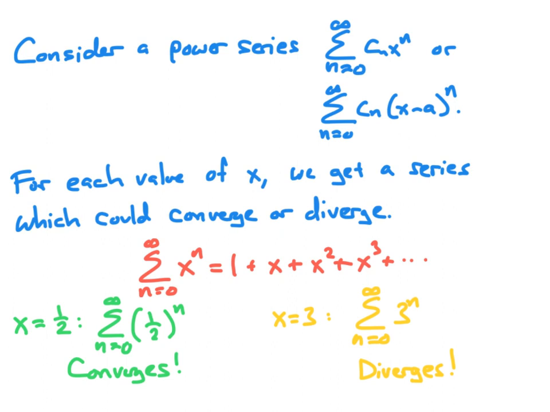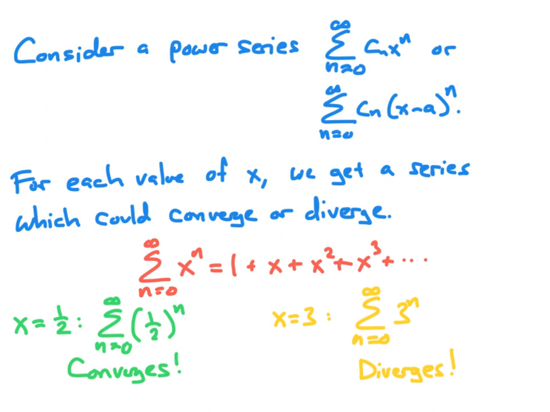On the other hand, if we substitute the number 3 in for x, like the example on the right, we'll get the sum n equals 0 to infinity of 3 to the n, and that is a geometric series with a ratio of 3, and that we know will diverge. And so here, depending on the value of x that we pick, we might obtain a convergent series or a divergent series.